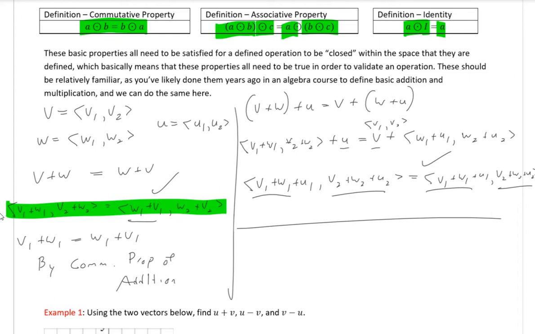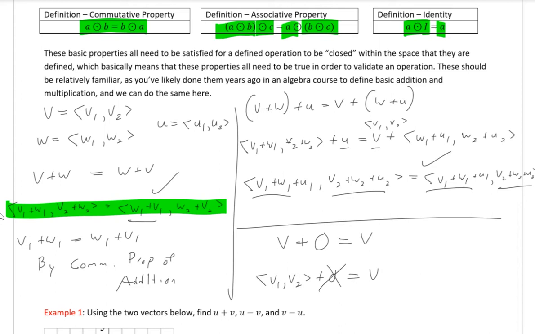And lastly, we need to identify an identity. We need to identify a value such that if we operate with that, it doesn't change the number, or the thing we're working with. In this case, if I take V, I want to find something that if I add to that, I get V back. Note that it's not going to be the same as the addition identity, which is 0. Like 3 plus 0 is still 3. We're talking about a vector here, and we can't add a vector and a constant, or what we'll call a scalar in just a moment.